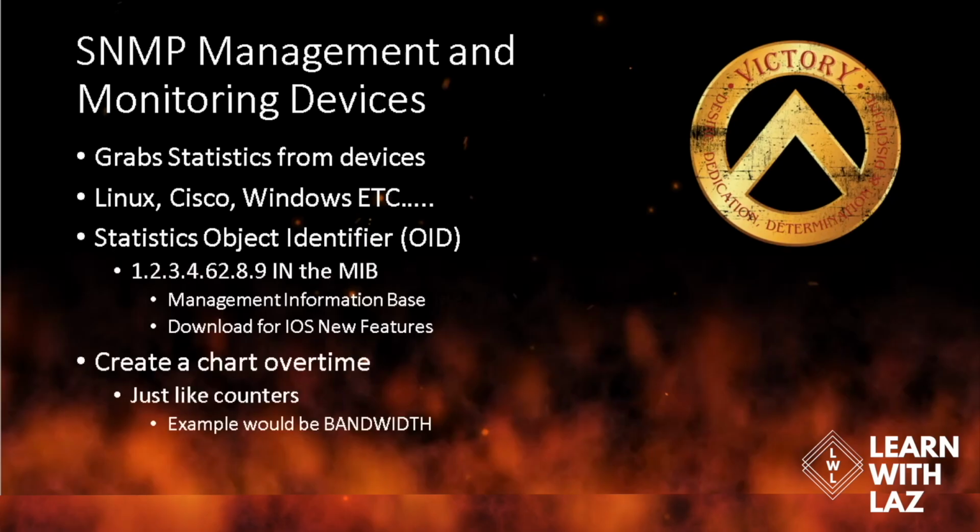But the whole point of SNMP is to monitor devices across platforms: Linux, Cisco, Windows, etc. One of the important things is called the MIB, the management information base. This is what you need to make sure is updated, because it uses something called an object identifier, an OID number. What you're looking at there, 1.2.3.4.62.89.8.9, represents something.